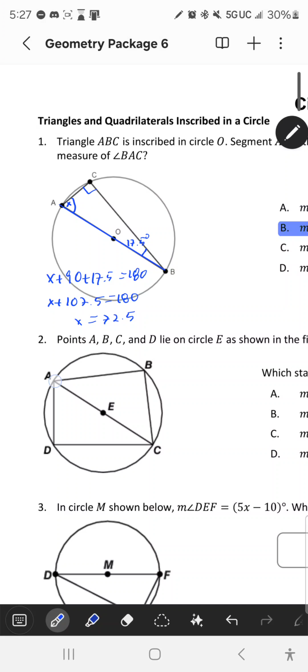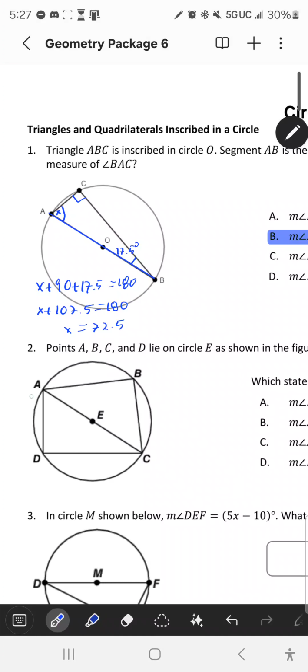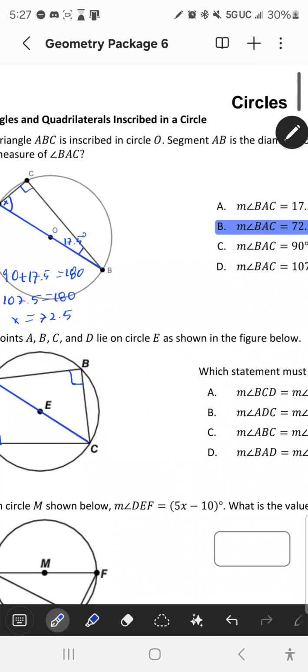First, AC is the diameter, because A and C lie on the circle, E is the center, and it passes through the center. Because of what I said before, I know that angle D is 90 degrees, and angle B is also 90 degrees.